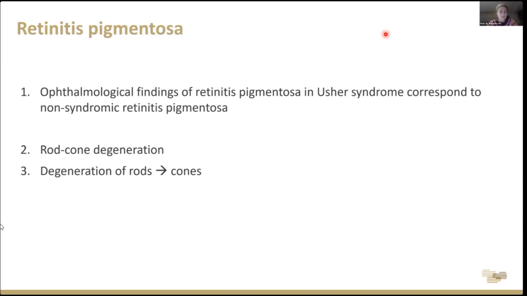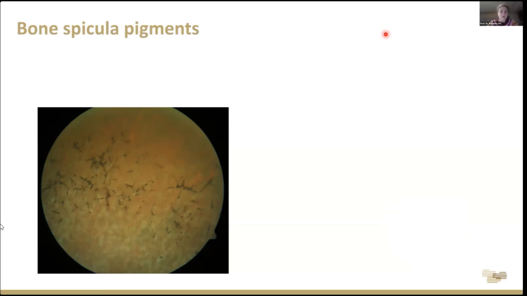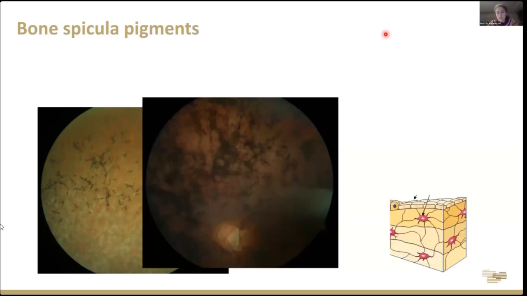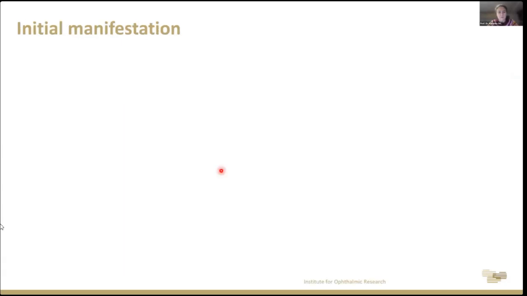We have a rod-cone degeneration, usually with starting rod degeneration followed by cones, and the ophthalmological findings are the same with bone spicule pigments, as you know. So bone spicule pigments can be very scarce or more pronounced, often in the middle periphery, and have this typical resemblance as is shown in the image.